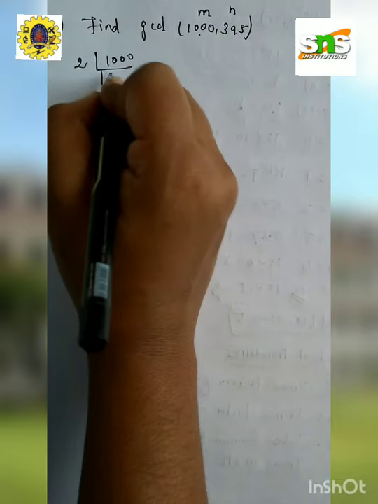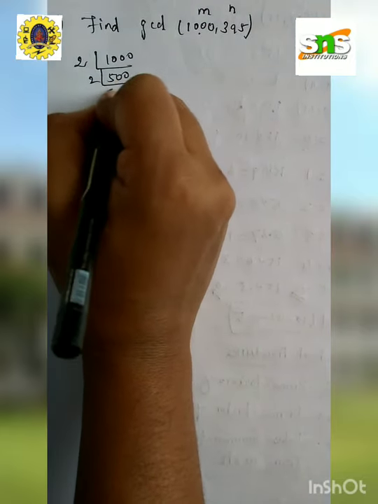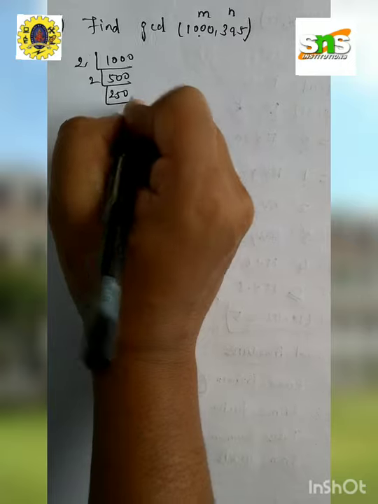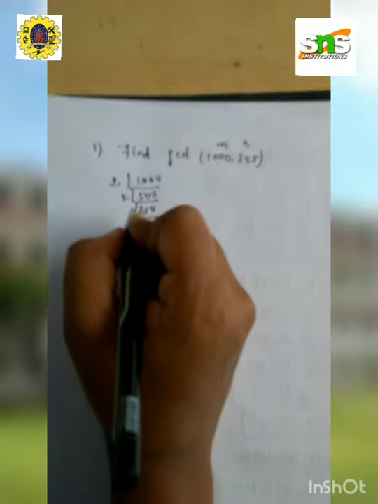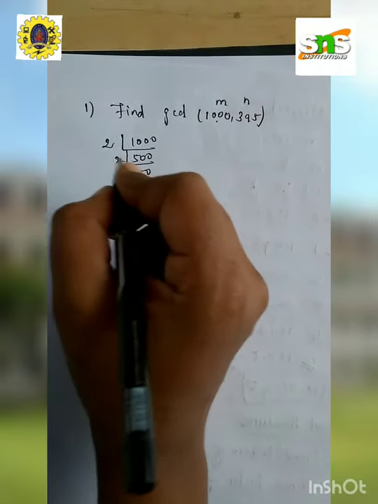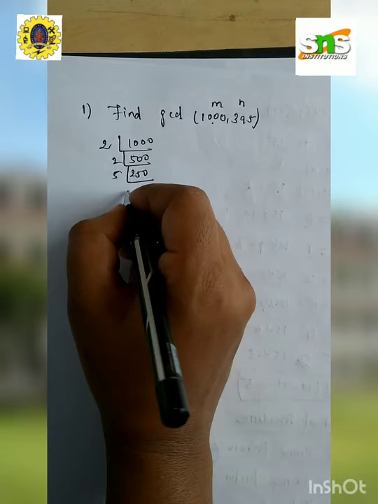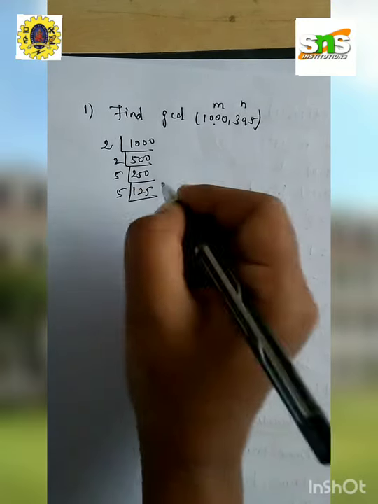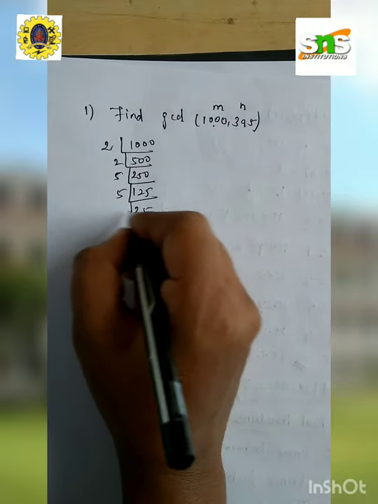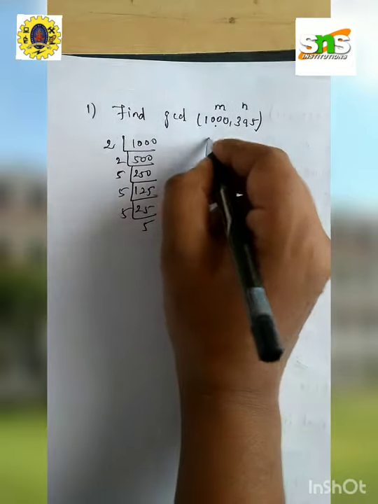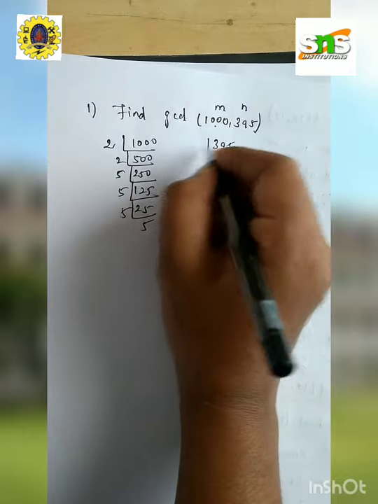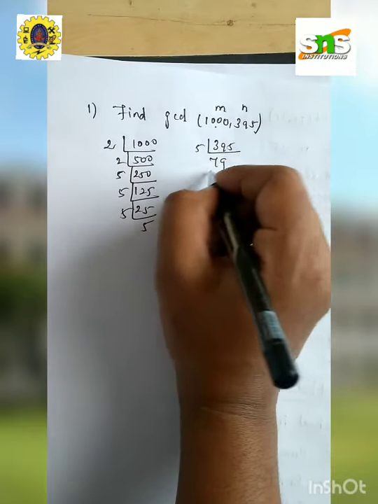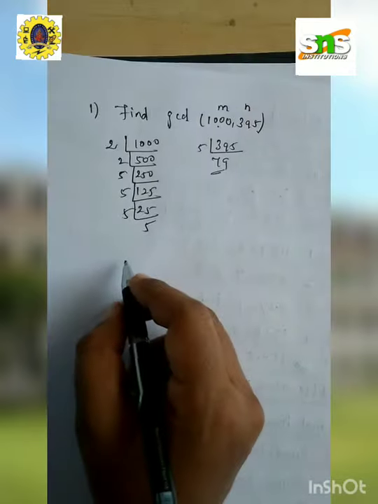Prime factors of 1000: 500, 250, then 125, 25, 5, 5. Next, prime factors of 395: 5, 79. This is a prime number, you can't proceed after this.